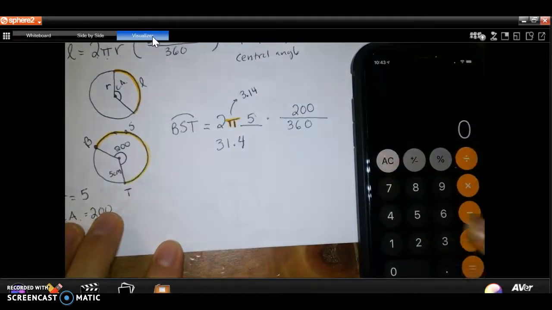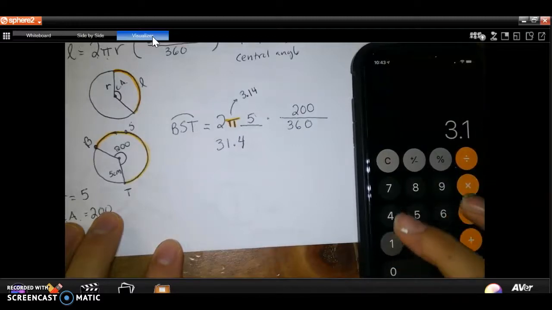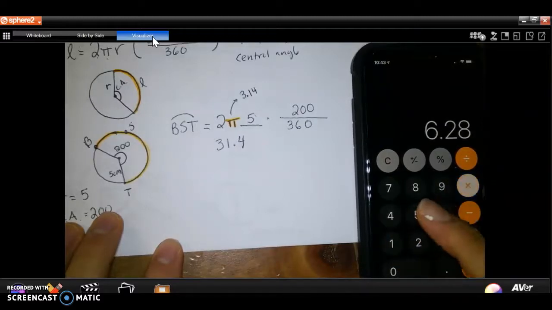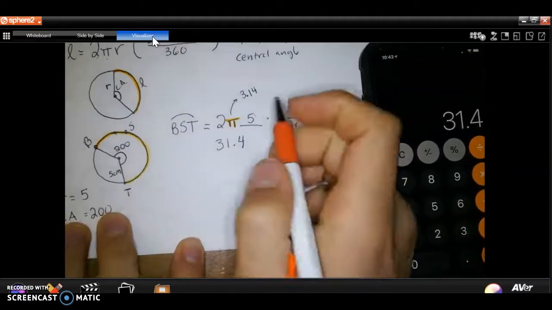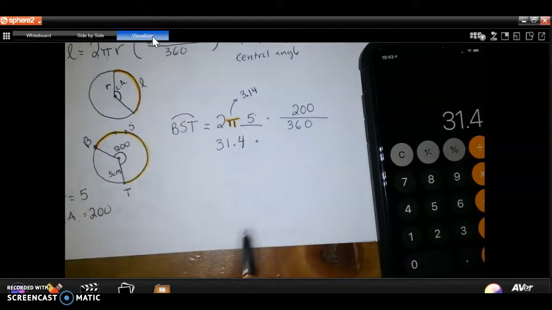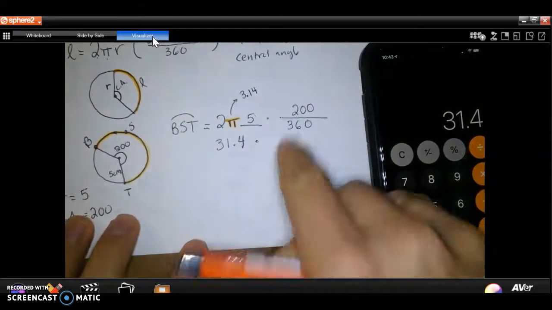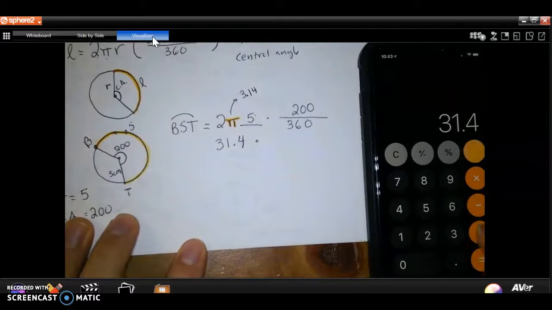I'm going to double check it just to be sure: 2 times 3.14 times 5. Boom. We got it. This we're going to multiply. Now I'm going to do this calculation in the calculator: 200 divided by 360.